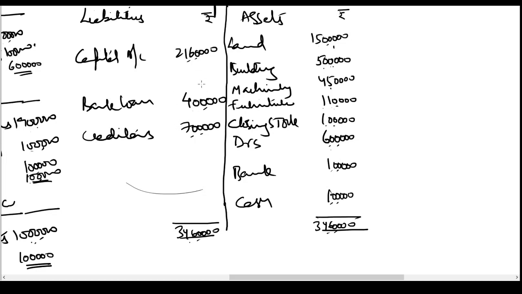The balance should tally. We may have one more account in our books. 34 60 minus 21 plus 11 is 32 60. I'll just total it once again.